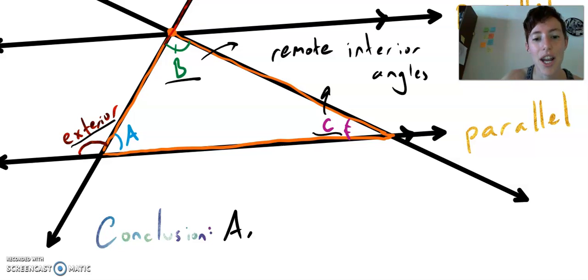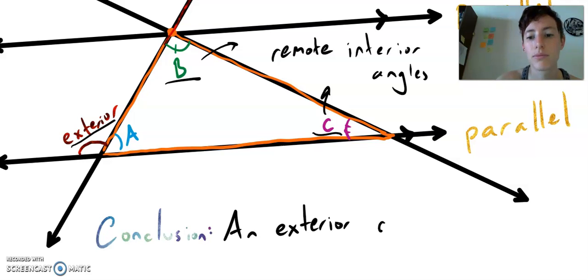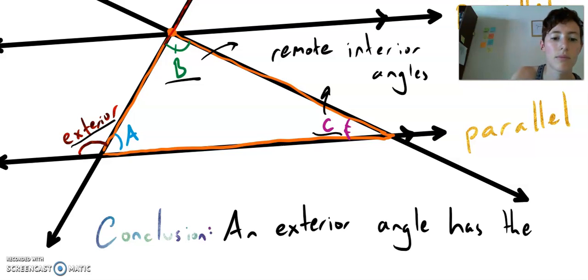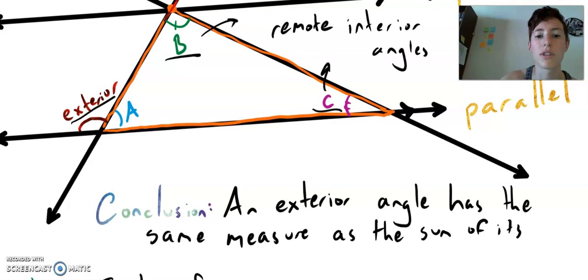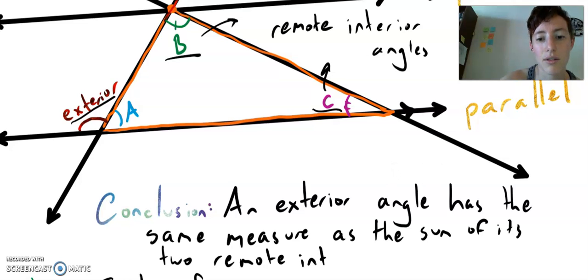An exterior angle of a triangle has the same measure as the sum of its two remote interior angles.